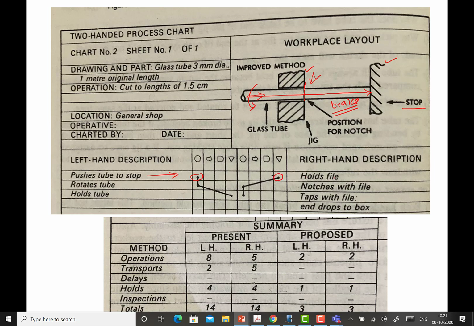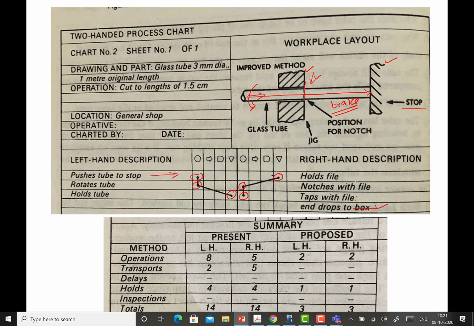Then the left hand rotates the tube, and the file is used to notch the tube. That is one operation. Then it holds the tube, and taps the file on the notched end so that it is broken off and drops into the box. So the broken tube glass falls in the bin or the box.